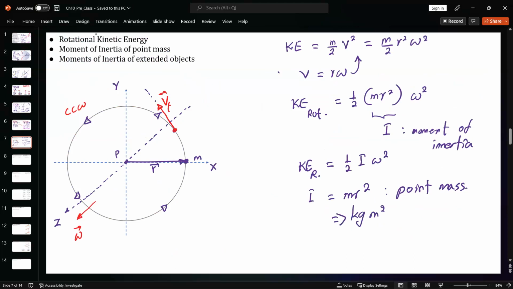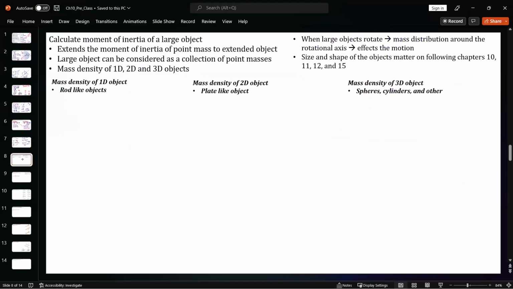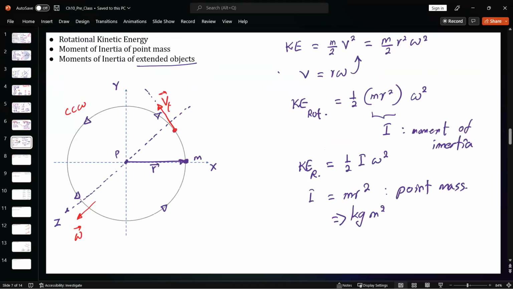And now we'll take a look at what happens if I have an extended object, because in this chapter and the next few chapters, we are not interested in just the moment of inertia or rotation of point masses. What we're really interested in is how a large object actually does the rotation, and what affects it when the large object does this rotational motion. Then I have to take a look at the extended object.